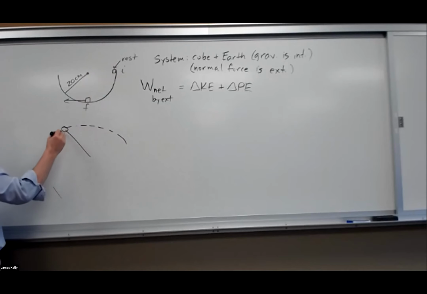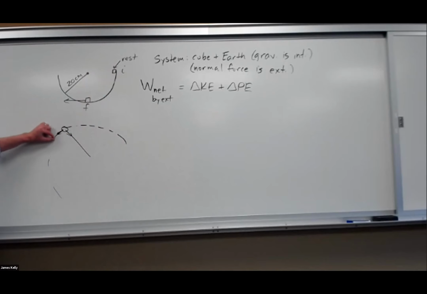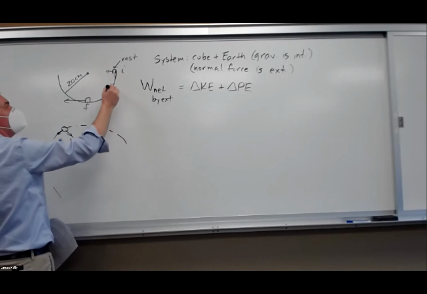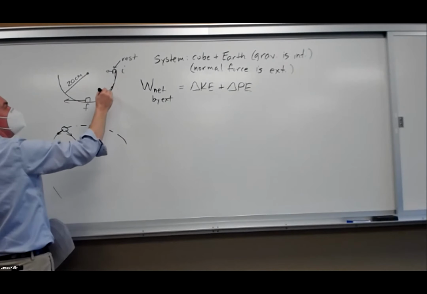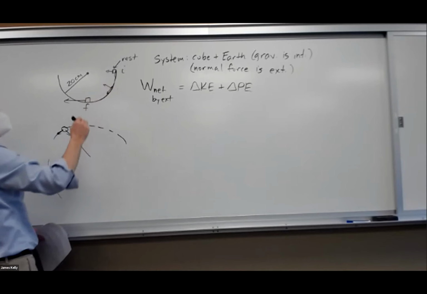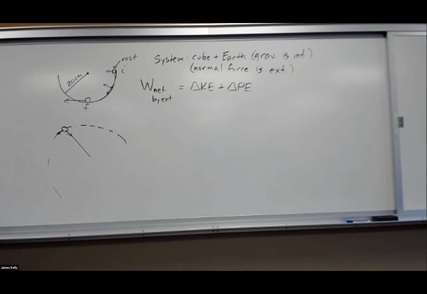Well, it's not doing any work on it. Each little step it moves in this direction, the force is pulling on it in a perpendicular direction. So it's doing a little bit of no work, a little bit of no work, and so on. Same thing here, because the normal force looks like that. When it goes from here to here, it's doing a little bit of no work because the displacement is in that direction and the normal force is in that direction. So anytime a force is always perpendicular to the local direction of motion, it's not doing any work. And that's what the normal force is doing here.